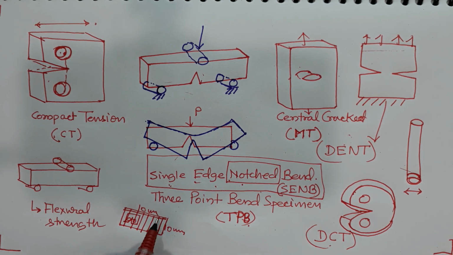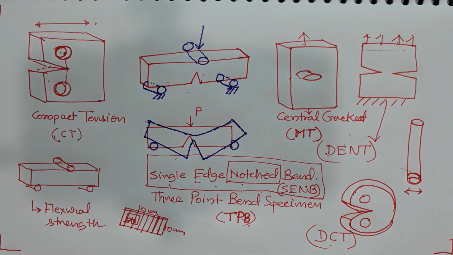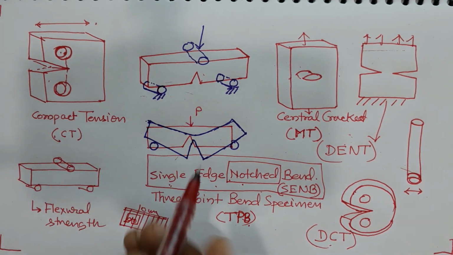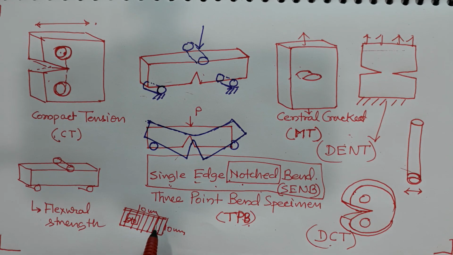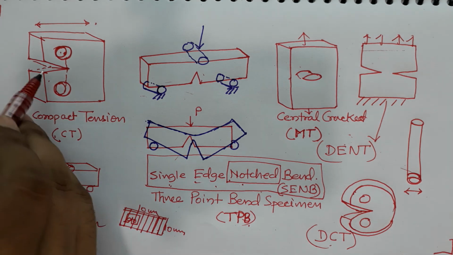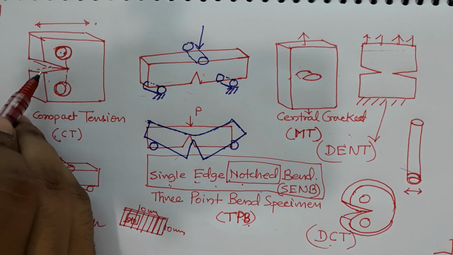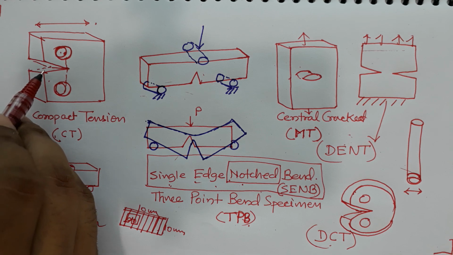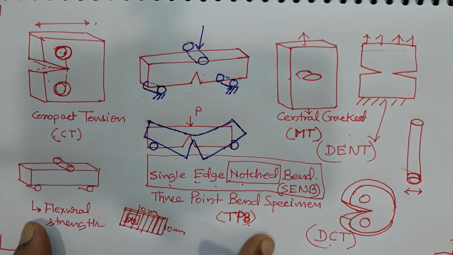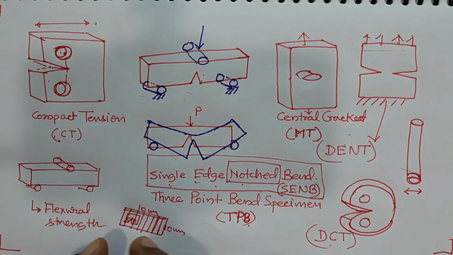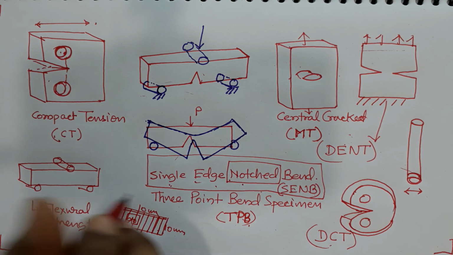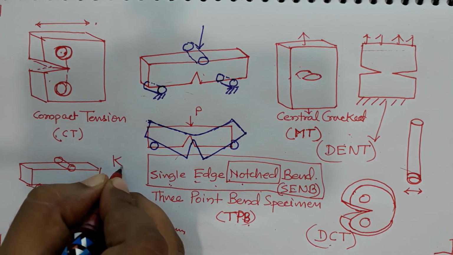So, you cut rectangular pieces, and this kind of specimen will result in less loss of material in comparison to this kind of specimen. These are the reasons why you want the possibility to test different types or shapes of specimen and still get the same parameter which you can compare.